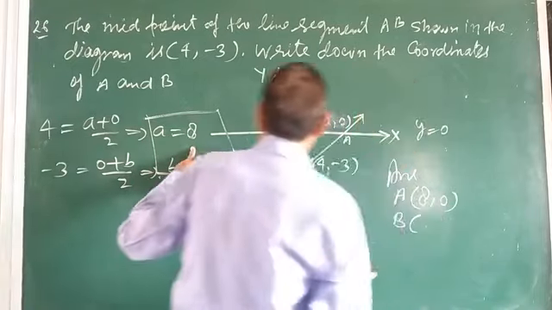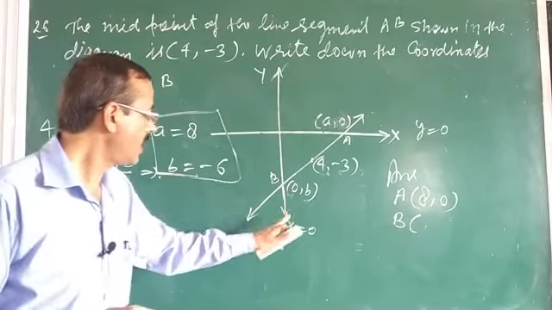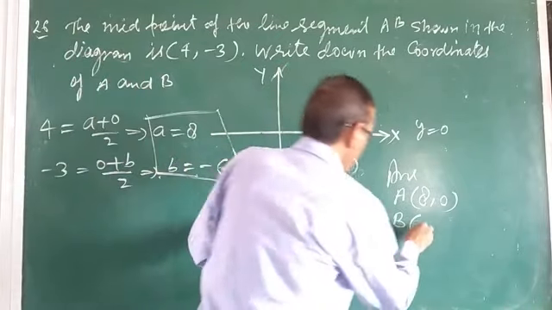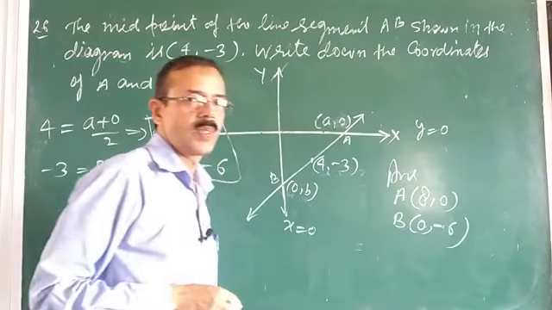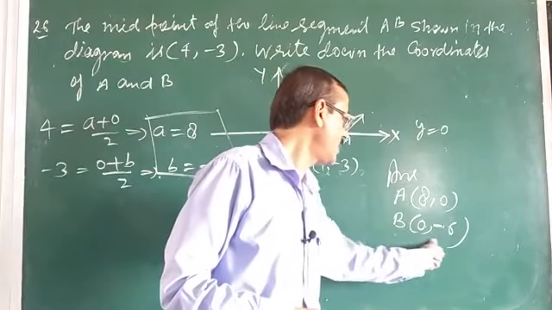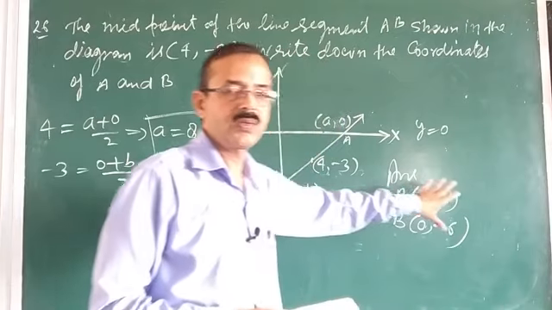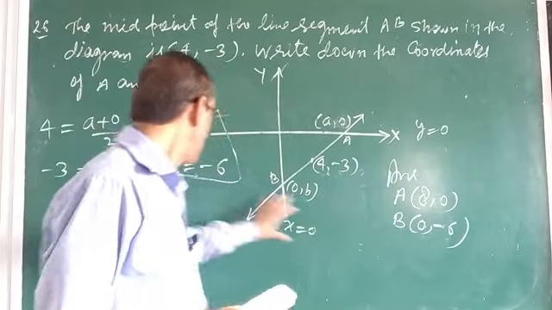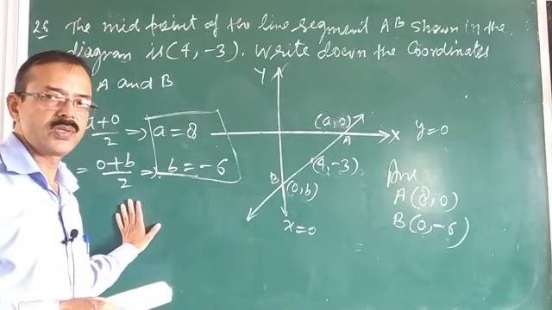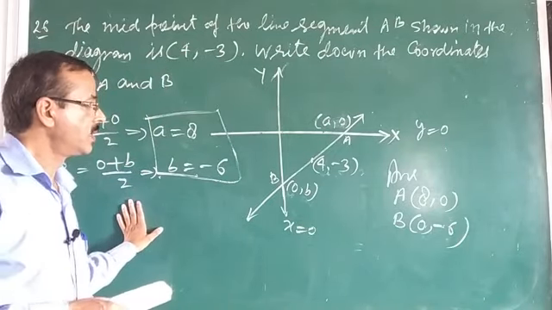And for B, it is (0, b), so (0, minus 6). A is (8, 0) and B is (0, minus 6). So this is the proper answer. This is the method to write the proper answer. If you stop before this, marks will be reduced from your total. So this is the method.